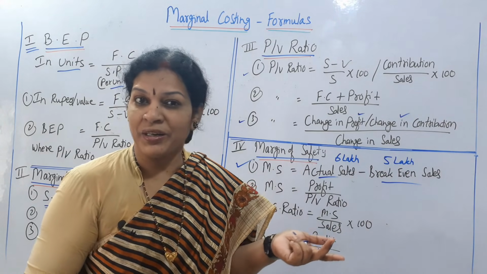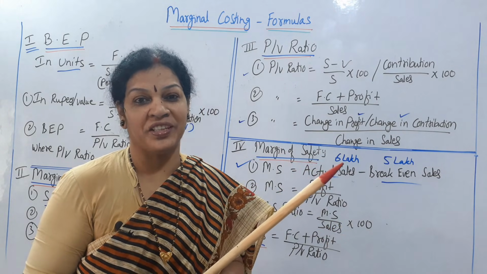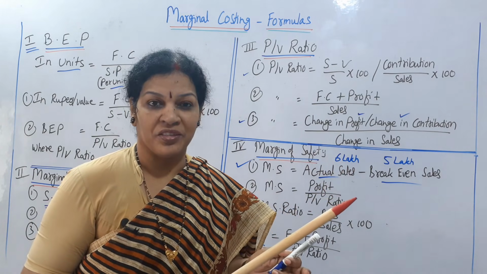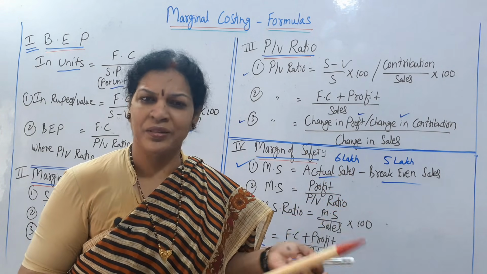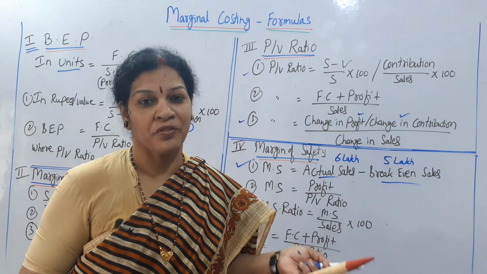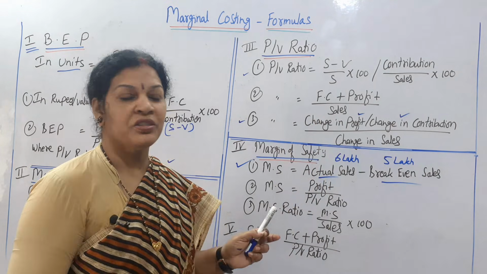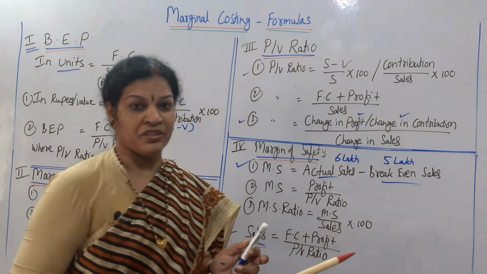Break-even sales are less, but I got 6 lakh. The difference is 1 lakh. That 1 lakh is the margin of safety. It represents how your organization is running, whether it is going towards profit or loss. Of course, it's towards profit. Mostly we use this formula: margin of safety is equal to actual sales minus break-even sales.